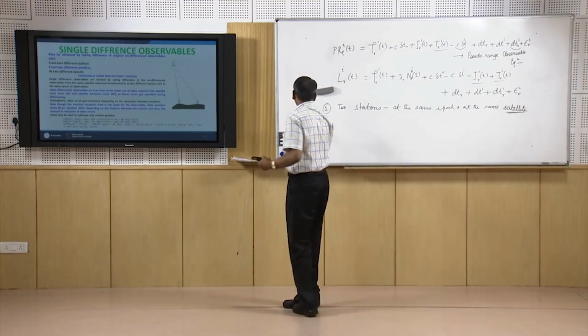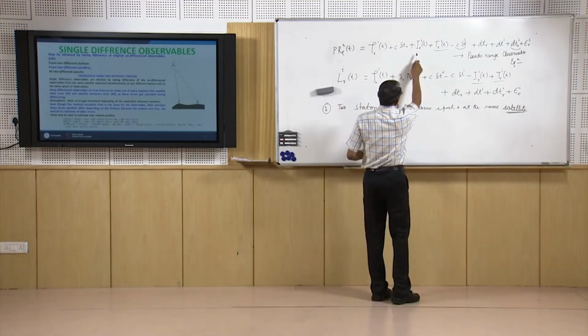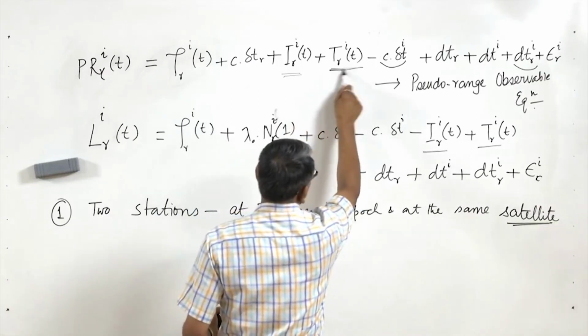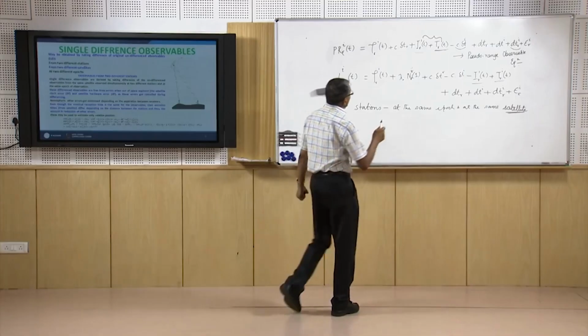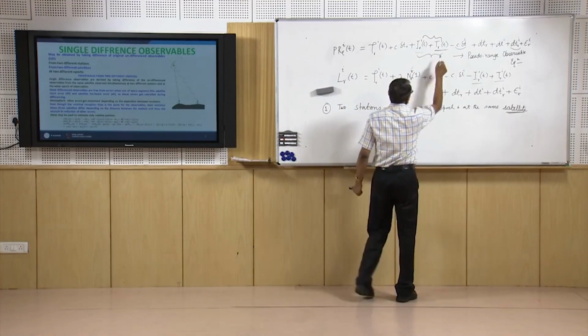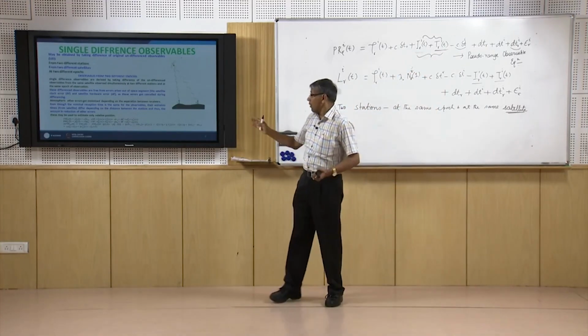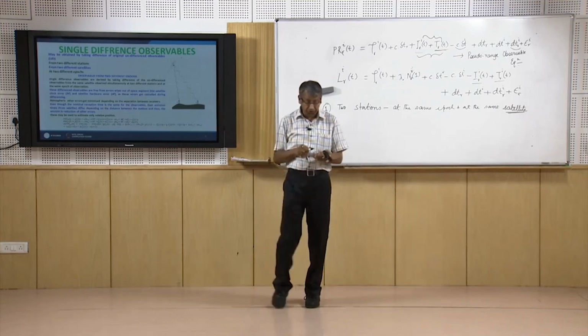Other errors like the ionospheric error and tropospheric error, that is the atmospheric errors, will be minimized or removed depending upon the distance between the receivers.